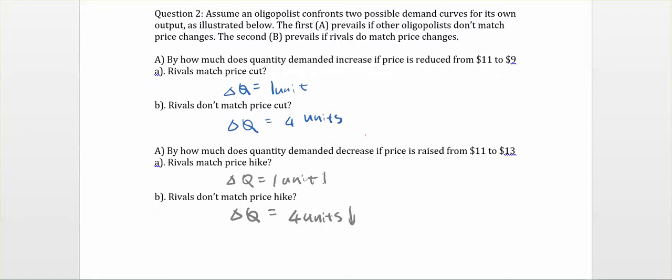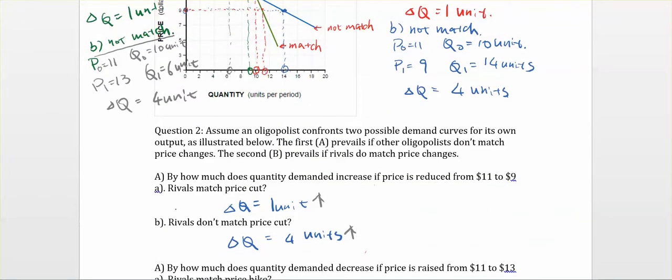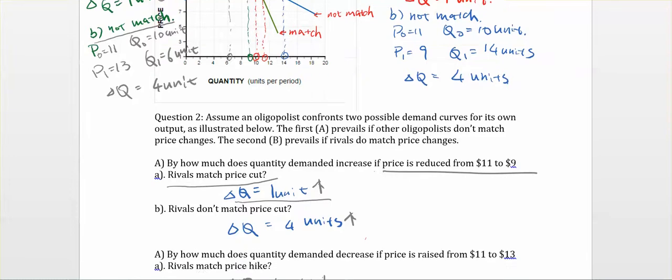So this is decrease, decrease, increase, increase. When the price is reduced from $11 to $9, the best strategy is for the rivals to match the price cut, because they will lose fewer units, only 1 unit to this oligopolist.